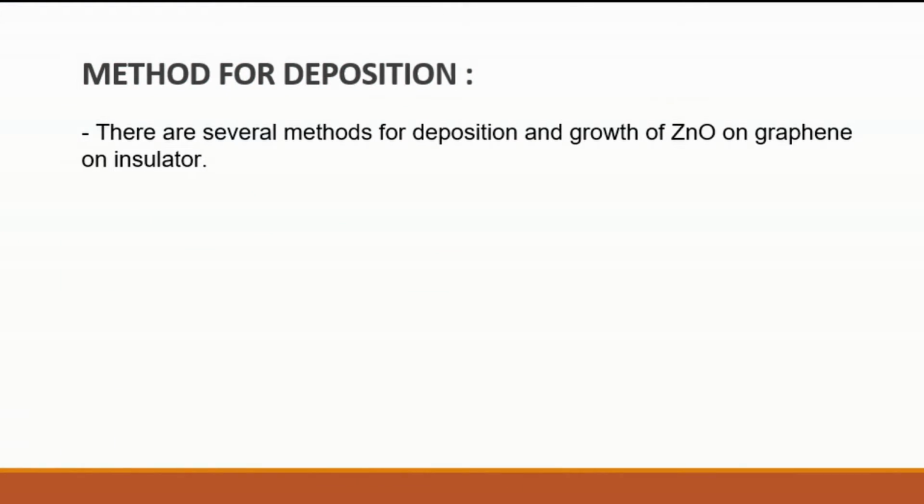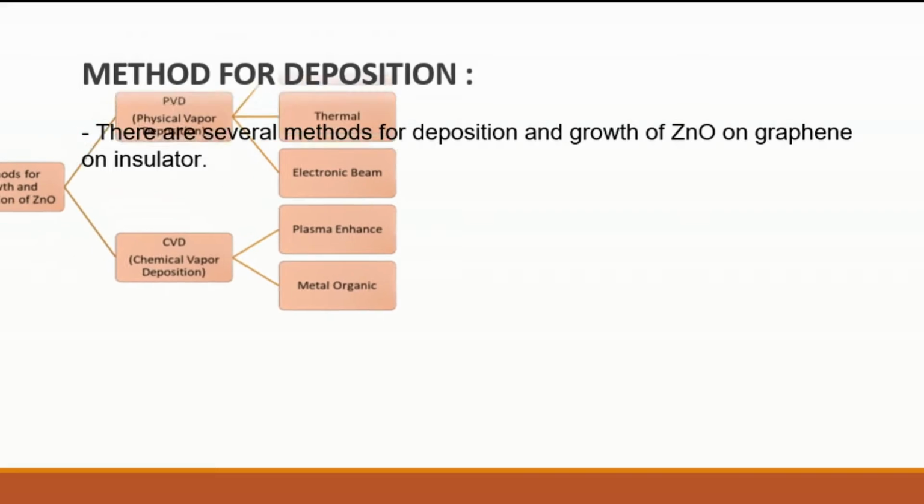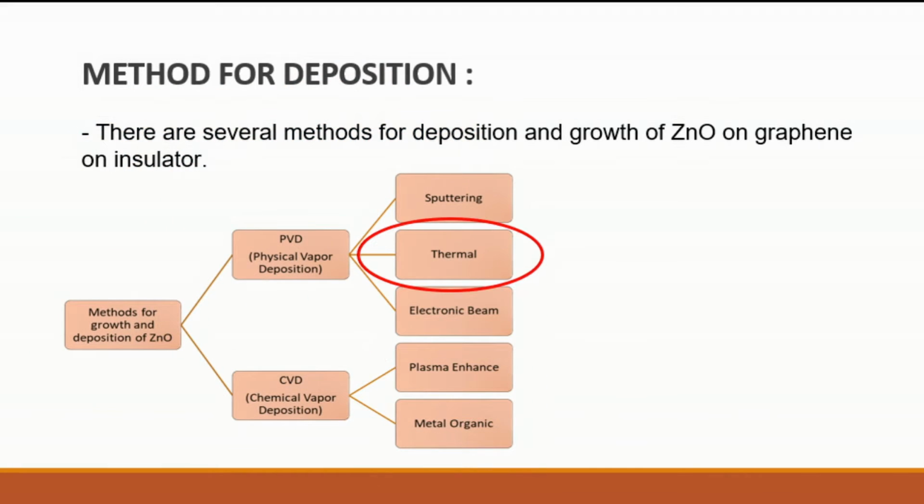As for the deposition method, basically there are several methods to deposit or grow zinc oxide on graphene on insulator. However, in this experiment, we used the thermal evaporator since it is the simplest way compared to the others, as we only need one solid target, which is zinc oxide powder.